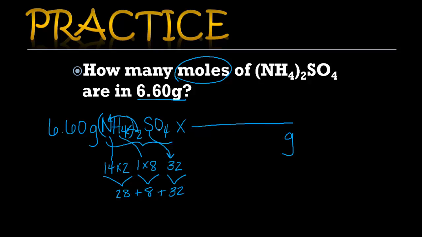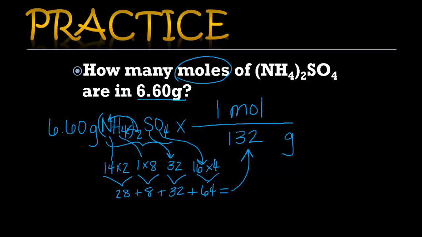And I have oxygen, which is 16, but I have 4 of them, so 16 times 4. So there would be my molar mass. All I need to do is add them up. So this gives me 132 grams in 1 mole.